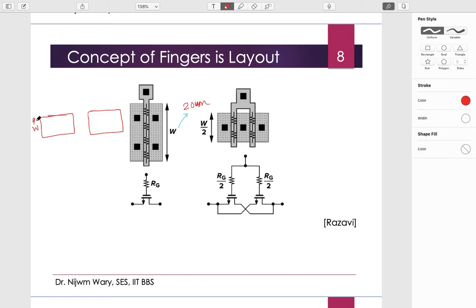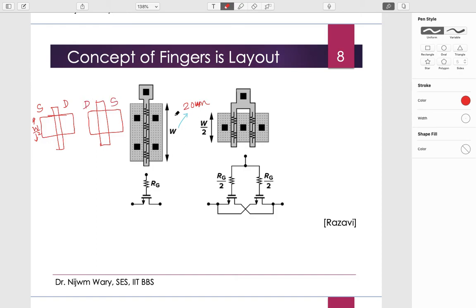So this width is W by 2, and this is also W by 2. Let me call these the source and drain of this transistor, and I can name the other one drain and source, in this orientation.